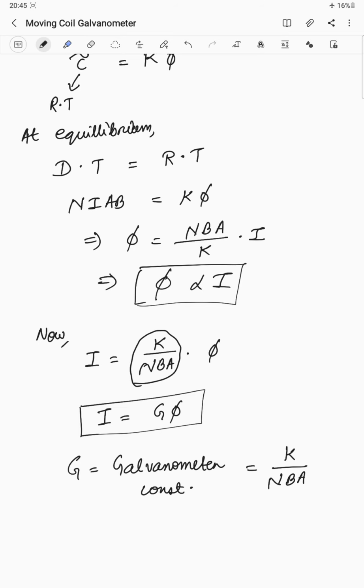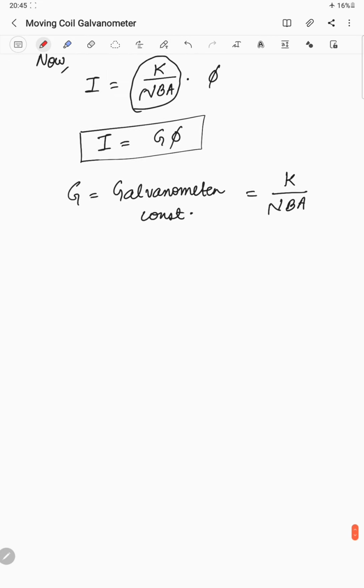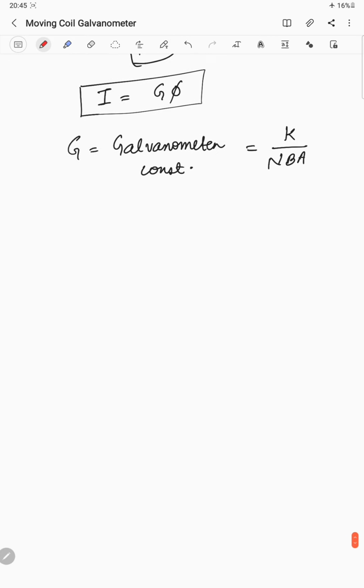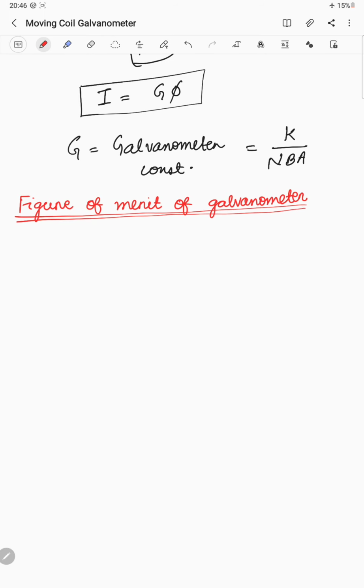Next, there are a few terms associated with the moving coil galvanometer. The first term is called the figure of merit of a galvanometer. In practicals also you are going to find out this figure of merit. What is this?